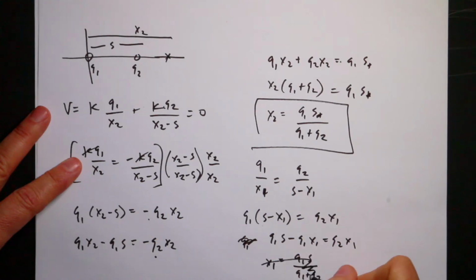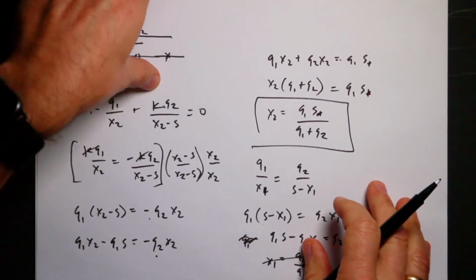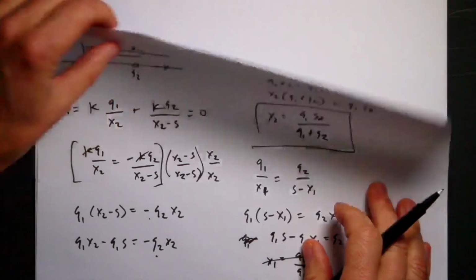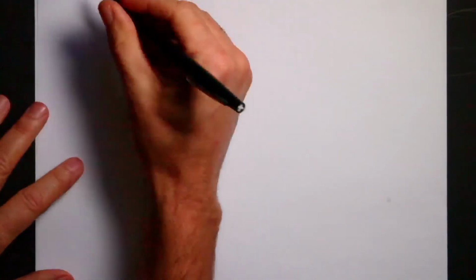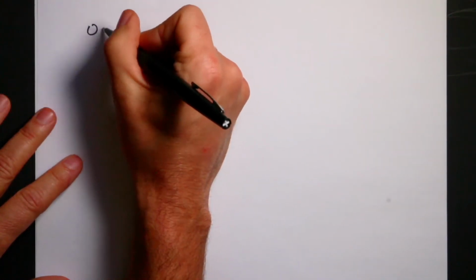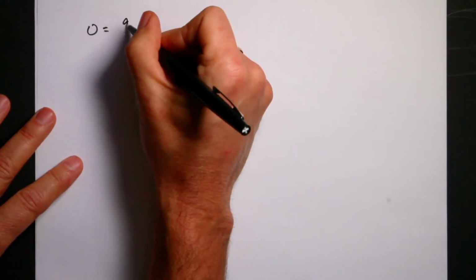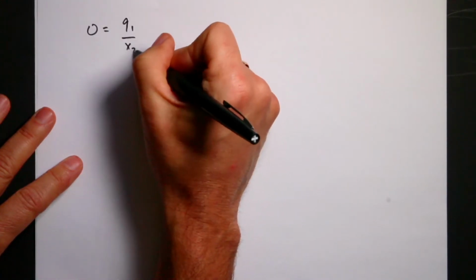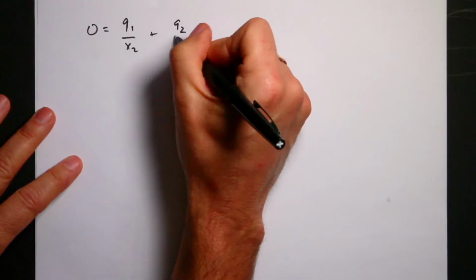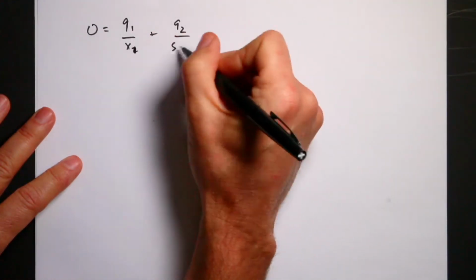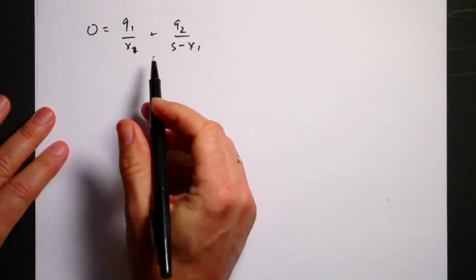I made a mistake. See, this is what happens when we try to squeeze it all in. Let's just start over. Make sure I get that right. So I have this. 0 equals q1 over x1 plus q2 over s minus x1.